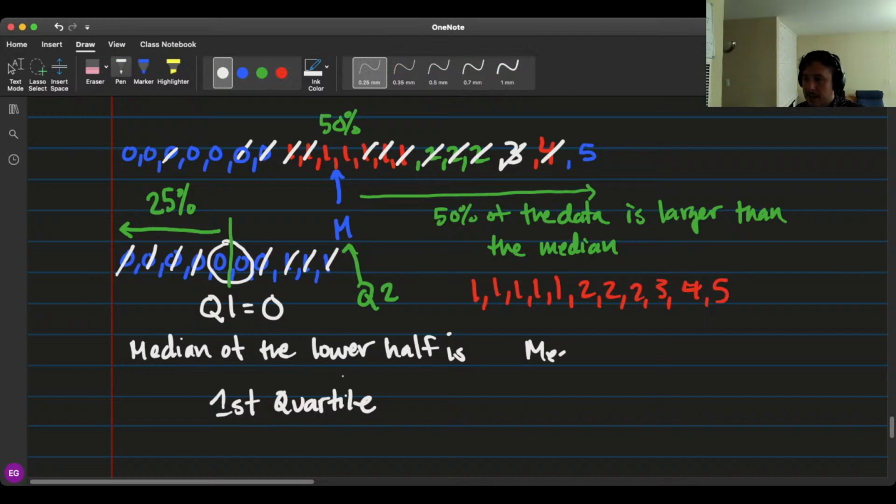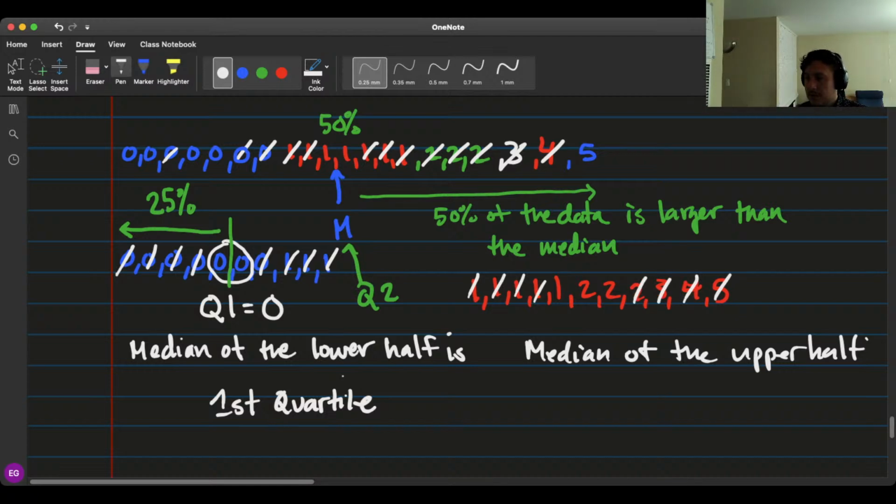Let's take the median of the upper half. Let's do some crossing out. You get that number. So the median of the upper half is 2, right? This number is called Q3.